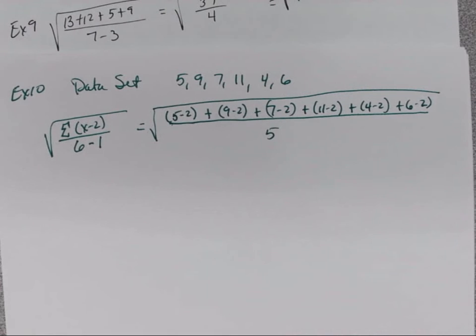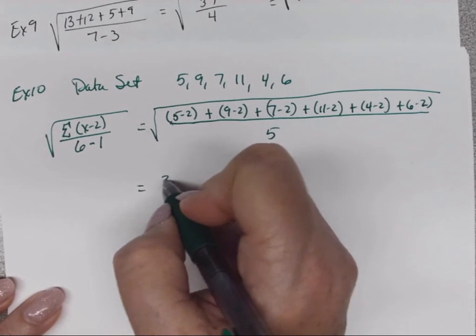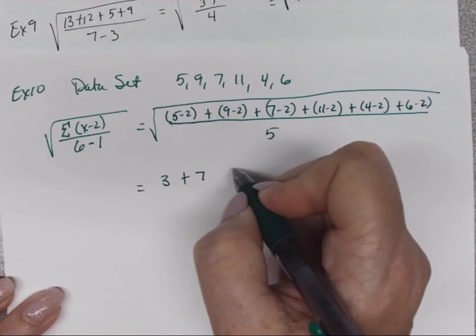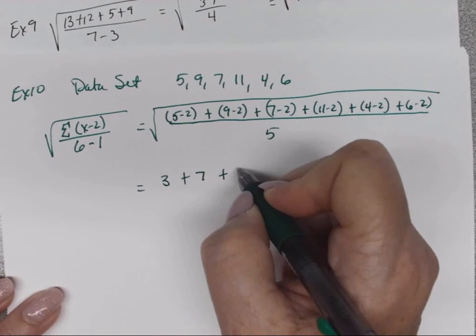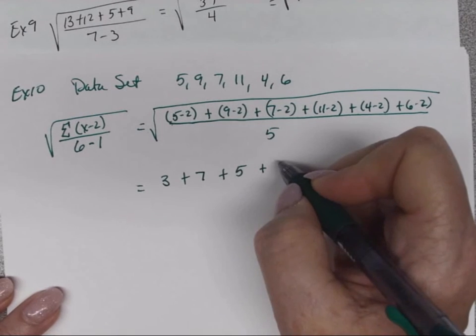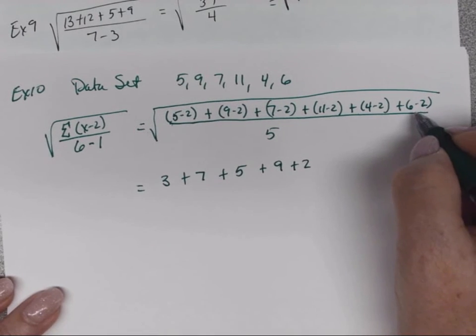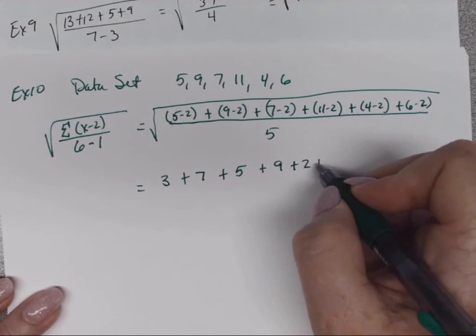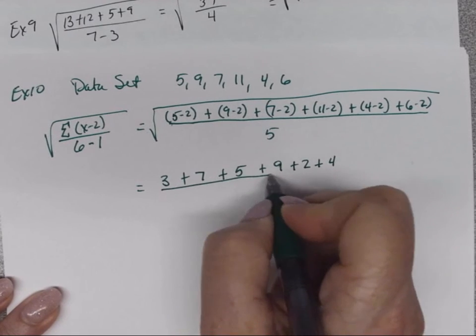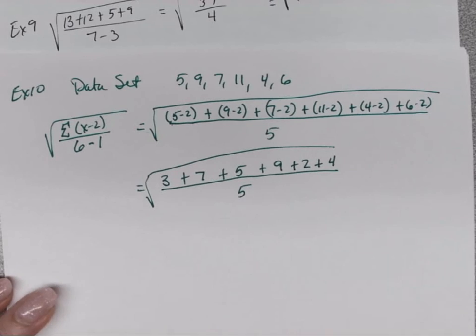And that's all under the radical. All right, so 5 minus 2 is 3. 9 minus 2 is 7. 7 minus 2 is 5. 11 minus 2 is 9. 4 minus 2 is 2. 6 minus 2 is 4. All over 5 and underneath the radical.